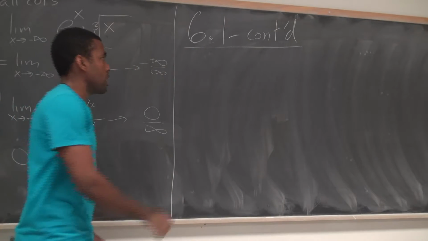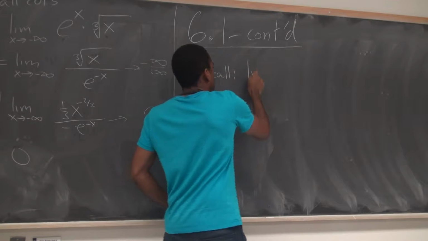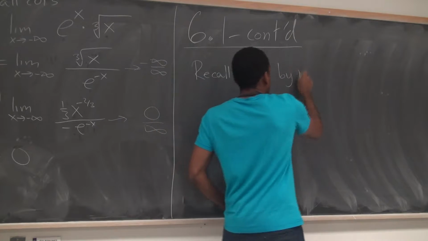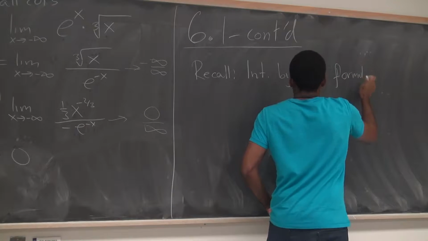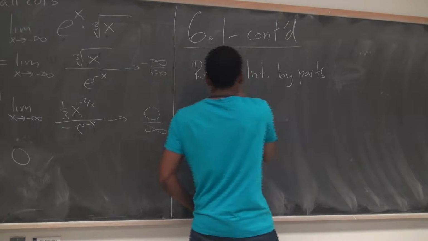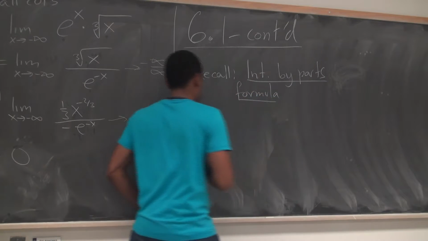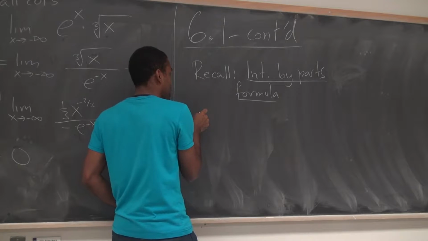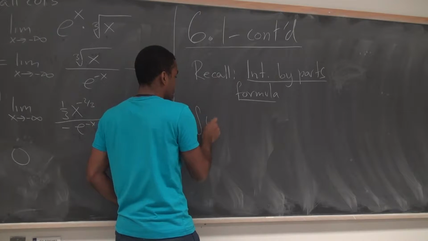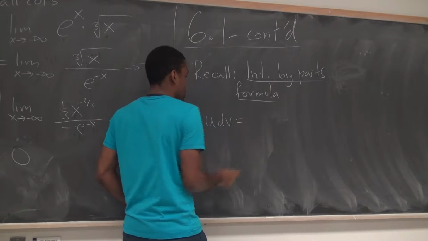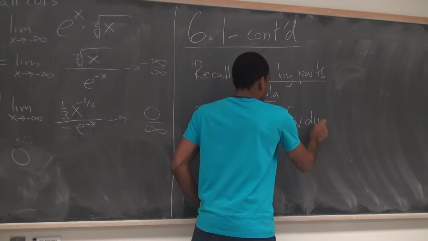Okay, so first let's recall the by parts formula. You can tell me without looking in the book. The integral of u dv equals uv minus the integral of v du.